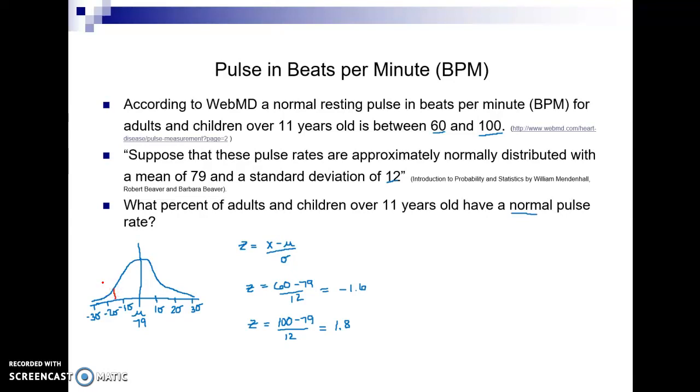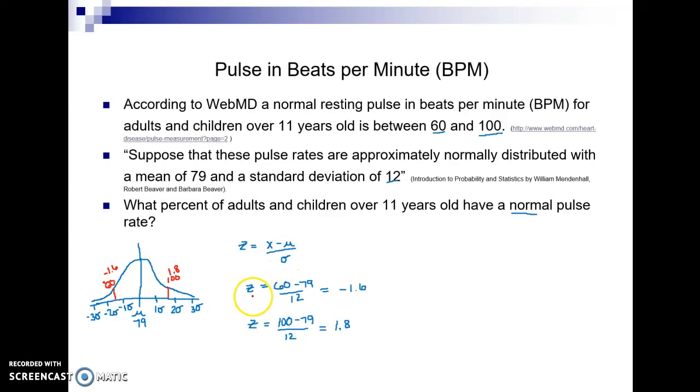This would be the pulse of 60, and this would be the z-score of -1.6. And then +1.8 would be between 1 and 2, a little closer to 2, about here. This would be a pulse of 100, z-score of +1.8.